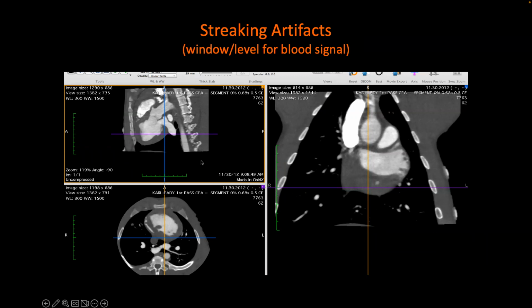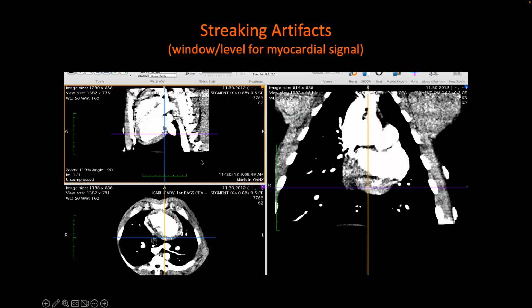So that's the stuff we want to look at. The blood is so high, we're not going to look at it anymore. We're going to look at the signal in the myocardium. You can see there's a lot of variability in that signal that is not evident when you're looking at a dynamic range that includes the blood.